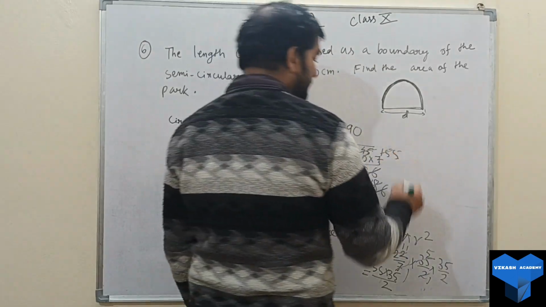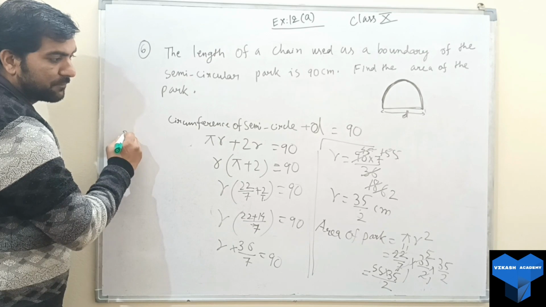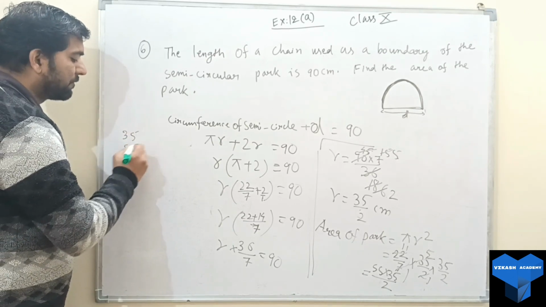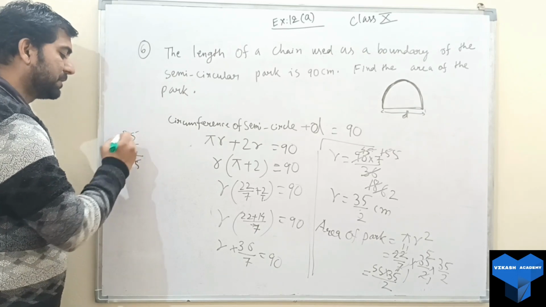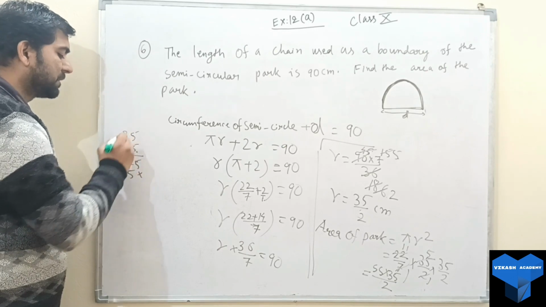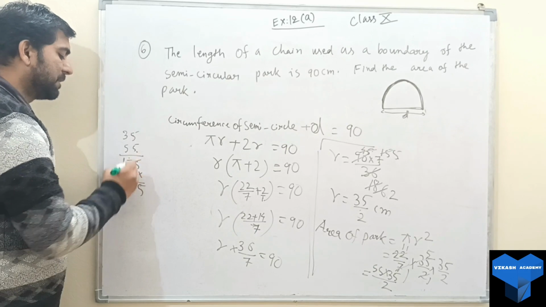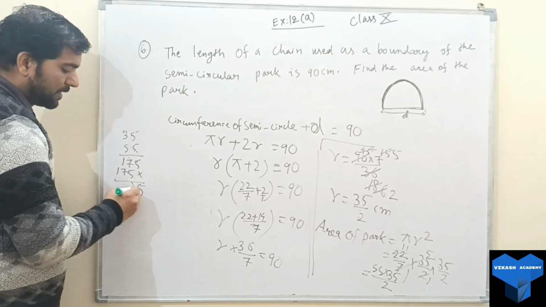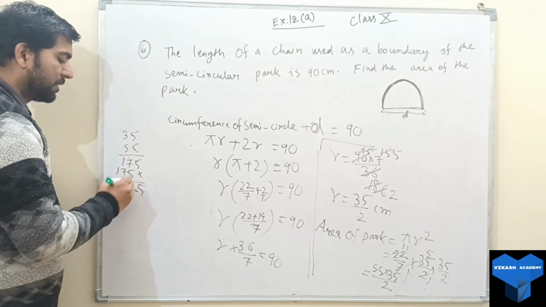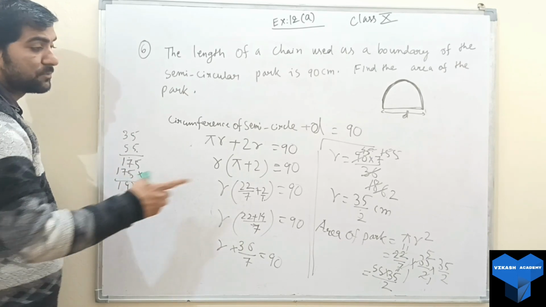So 55 into 35, let us see how much we get. 5 fives are 25, 5 threes are 15 plus 2 is 17, and so on, we get 1925. Next we have to divide with 2.